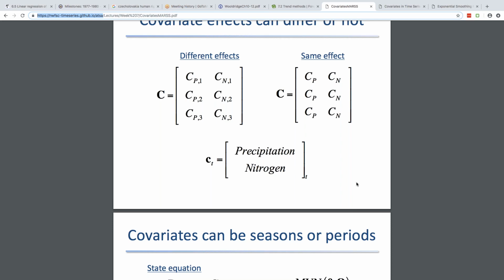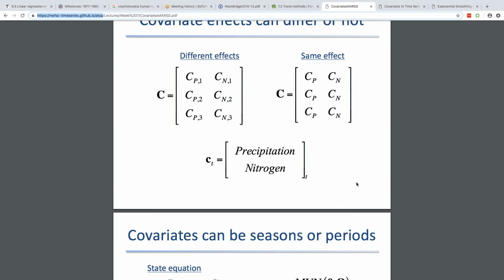So let's see an example. We have our C. We're going to model something where precipitation and nitrogen we think are affecting our state. So we've got some phytoplankton.